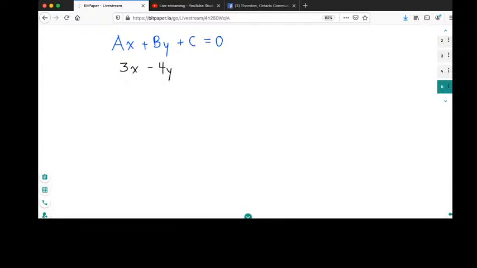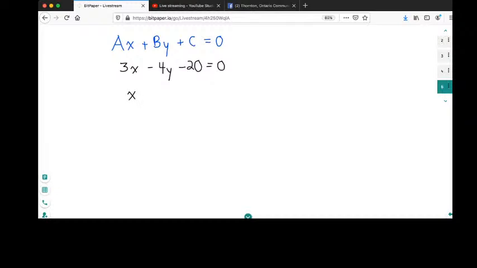It still follows that same understanding because the big letters here, A and B and C, they just represent numbers. For A and B, they represent coefficients, which means that they're in front of an unknown variable. And for C, it just represents a regular number. So let's say I have this is minus 20 equals 0. And then my other one is x.